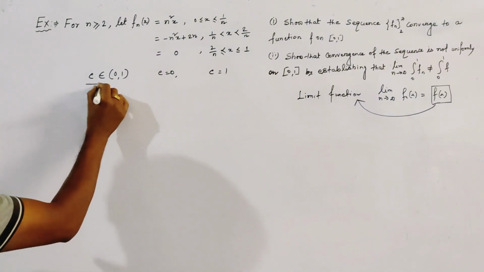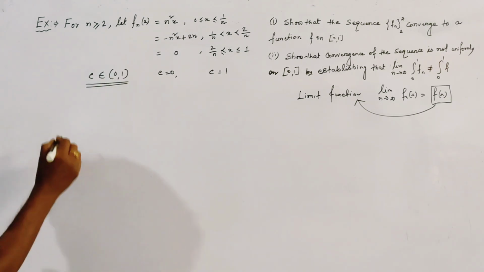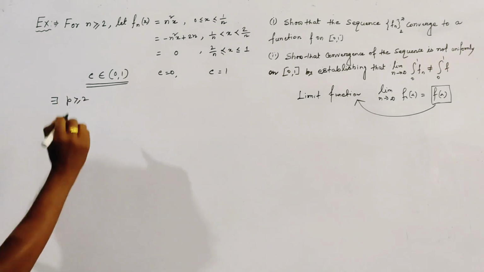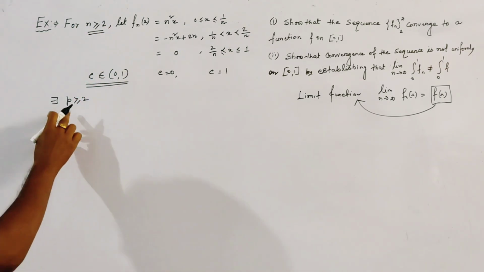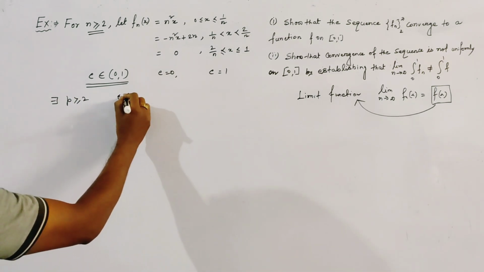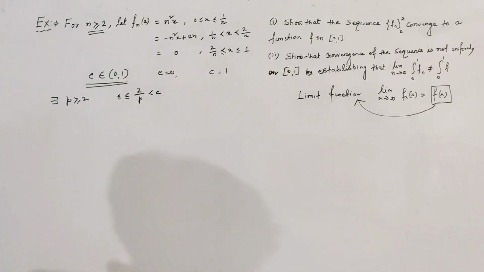If we take c belonging to (0, 1), then there exists a natural number p greater than or equal to 2, because n greater than or equal to 2 is given, such that 0 less than or equal to 2 by p less than c.